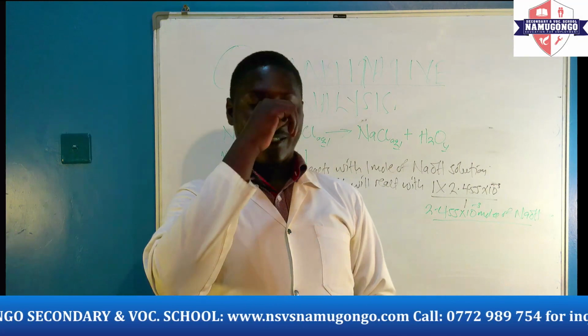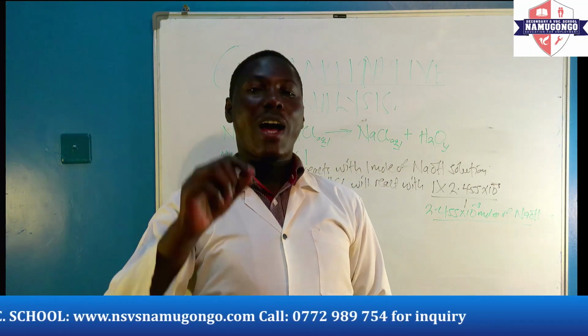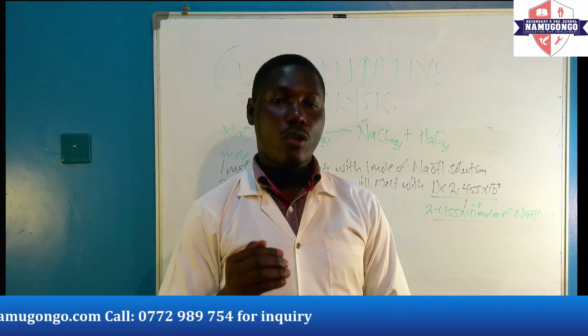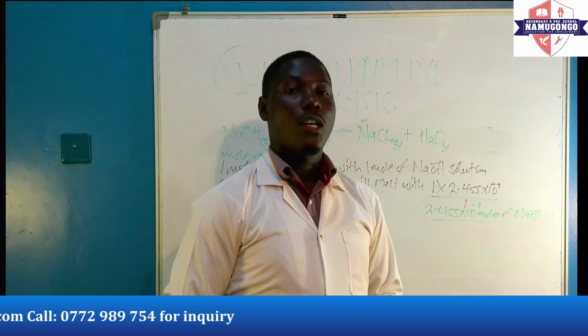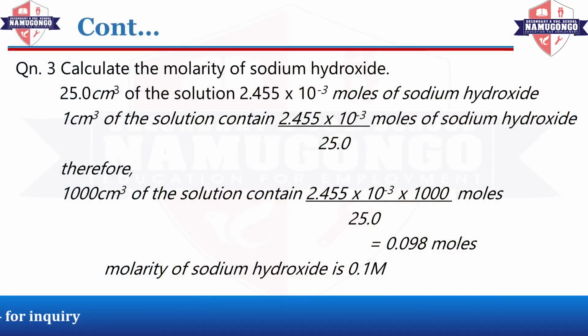In our next task, we are now going to find out the concentration of sodium hydroxide. We are drawing closer to finding the concentration of the unknown. This one here, we don't know it. But remember, we knew the concentration of hydrochloric acid.